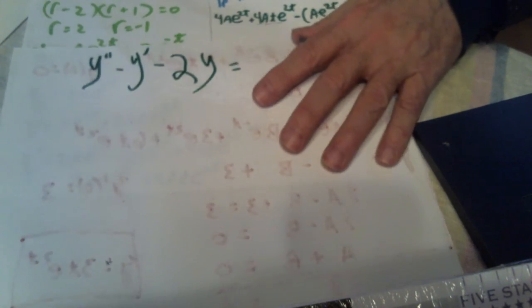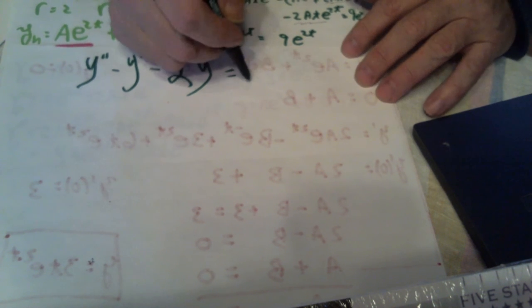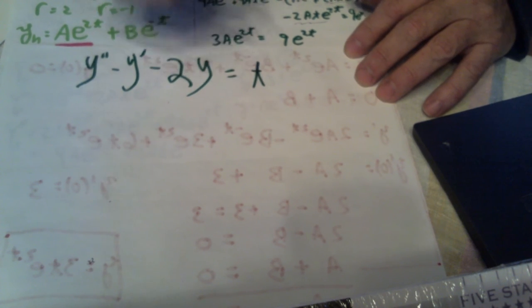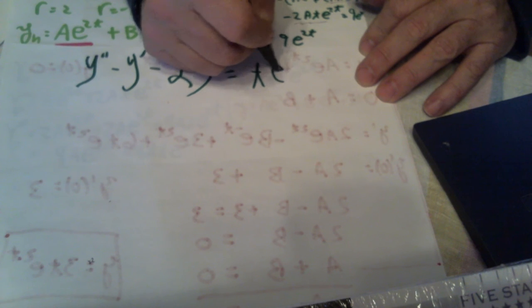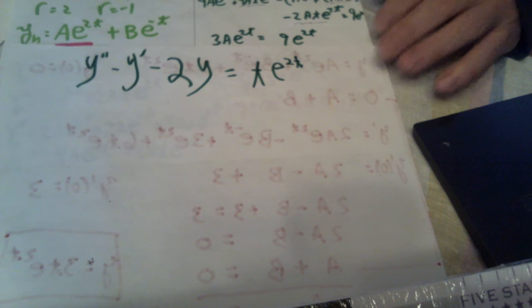And remember what the homogeneous solution was. I have that e to the 2t and e to the negative t. Suppose I have t e to the 2t for my forcing term. Suppose I have that. Now let's look at why this is particularly thorny.